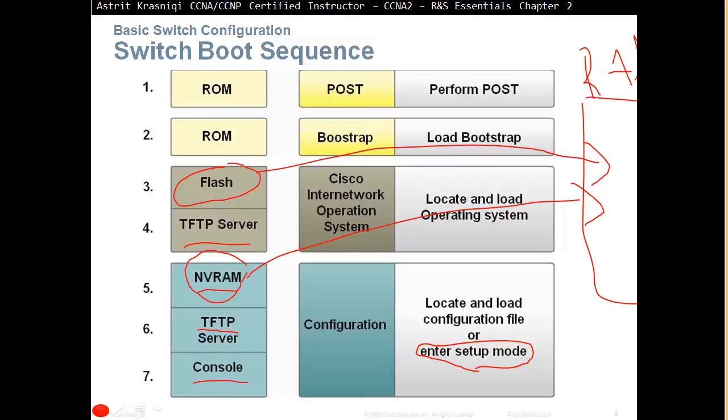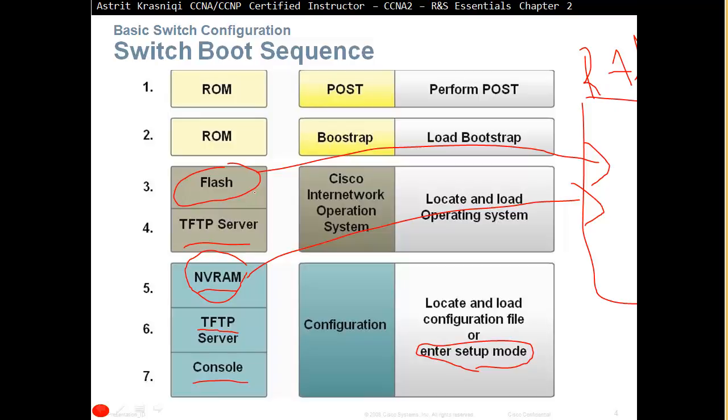So ROM, power on self-test, load the bootstrap, locate the IOS. IOS could be in the flash, or it could be in TFTP server. Now, if it's not on the flash or TFTP server, then it's going to load up the limited version of IOS. But if we load it from flash, it's going to go to RAM and it's called a running operating system.